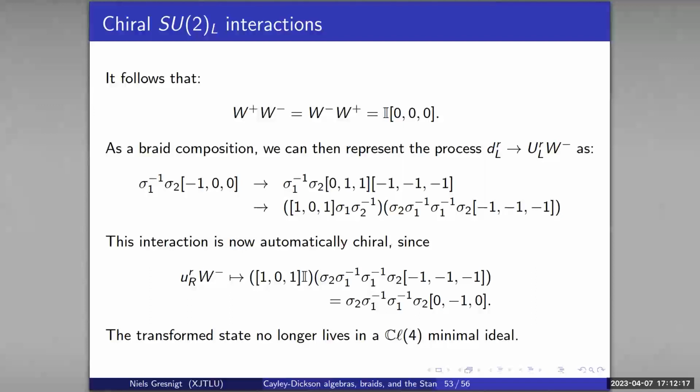So it seems that just like algebraically in CL4, the SU2 symmetry that you get is chiral. Once we map that to braids, that seems to carry over. So in this braid picture, it seems you can only get the left-handed particles to interact weakly via braid composition, which is something that the original braid model didn't look at at all.